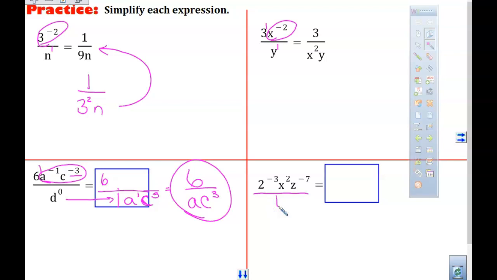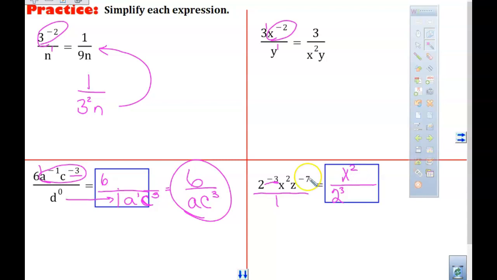So again, I'm starting out, they all have exponents. 2 to the negative 3. Stay on top or bottom? 2 to the now what? Okay, wait. It was negative 3. Positive 3. So 2 to the third. I'm looking, Amy, at x to the second. Keep it where it's at. Keep it x squared on top. Grady, I'm taking a look at z.